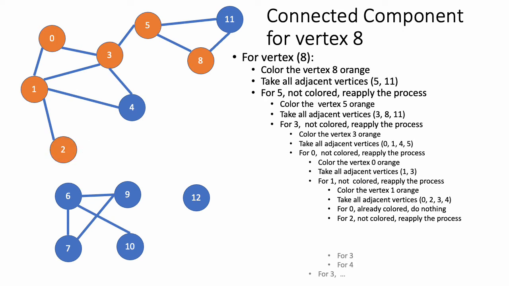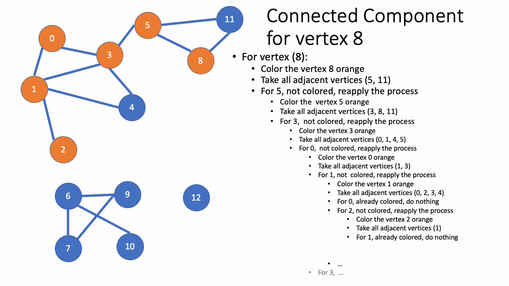So now I color 2 in orange, and I take all adjacent vertices, which is only 1, but 1 is already colored, so I do nothing. So I need now to come back to 1, so I'll go back to 1 and go on to the next.